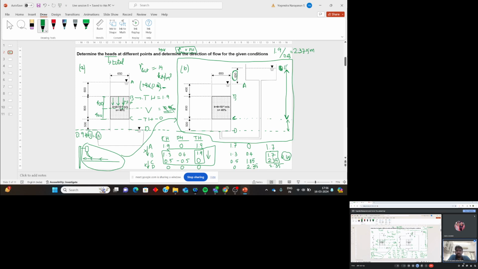Flow is taking place from here, so up to this point, what will be the total head at this point? 1.9 minus 2.375 into 0.4, will be 1.9 minus 0.95.